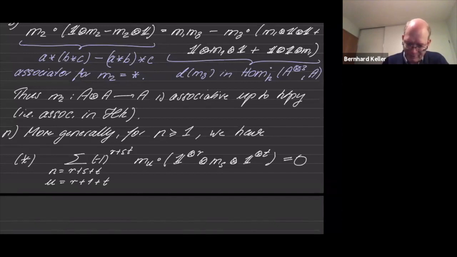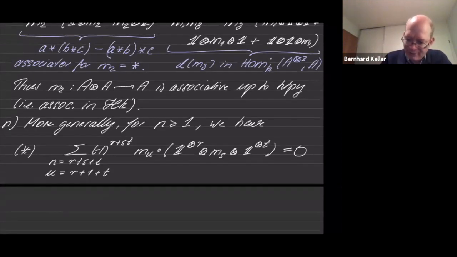So it says that a certain equality holds up to homotopy. Here it was the associator, then at the next step it is a certain equality satisfied by a kind of higher associator, etc.